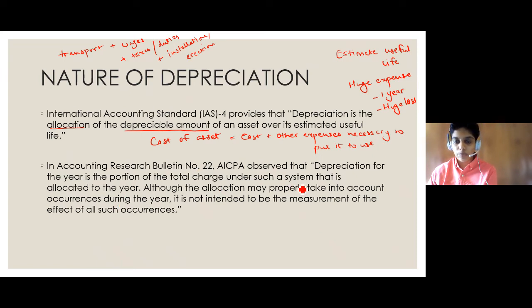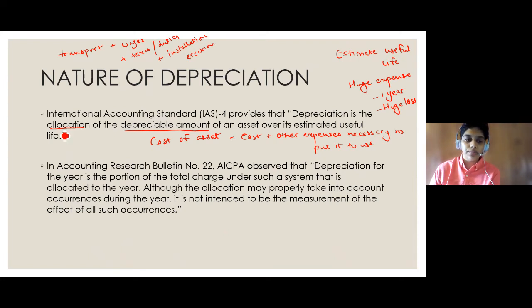Although the allocation may properly take into account occurrences during the year, it is not intended to be the measurement of the effect of all such occurrences. So you can consider the things that occur during the year, but it does not measure the effect. It takes into account, but it does not measure.